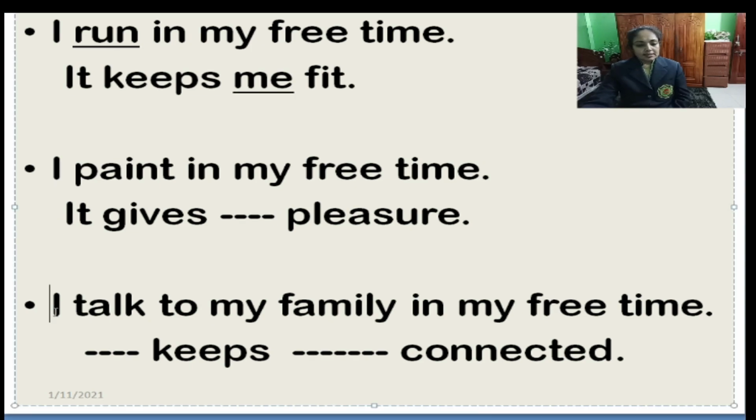Third sentence: I talk to my family in my free time. And here, in place of talking, we have to use it. It keeps dash connected. Here we can select me, as we are getting I as a subjective form. So in objective form, we have to select me.